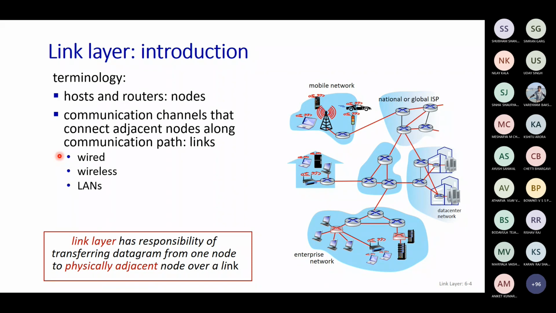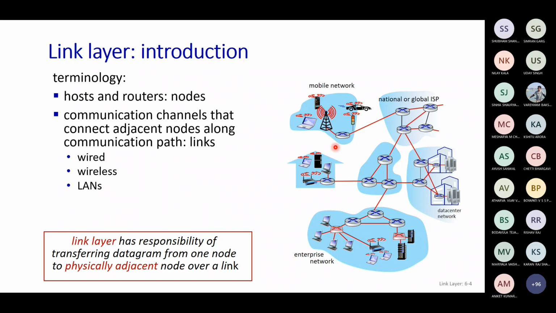Now, what is the responsibility of the link layer? It has the responsibility of transferring a datagram from one node to a physically adjacent node over a link. It is not responsible for sending the data to the destination. If your destination itself is the adjacent node, then it's a different story.